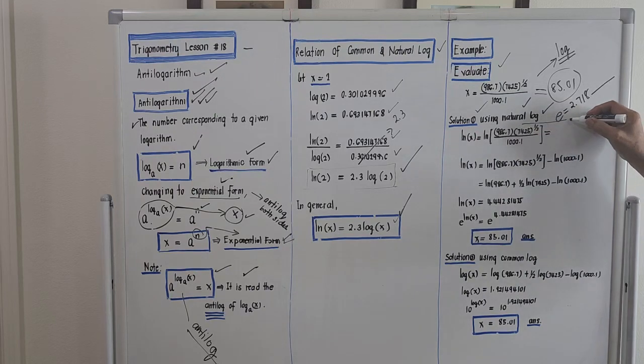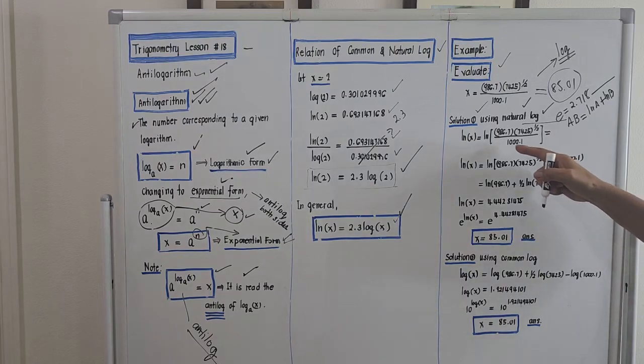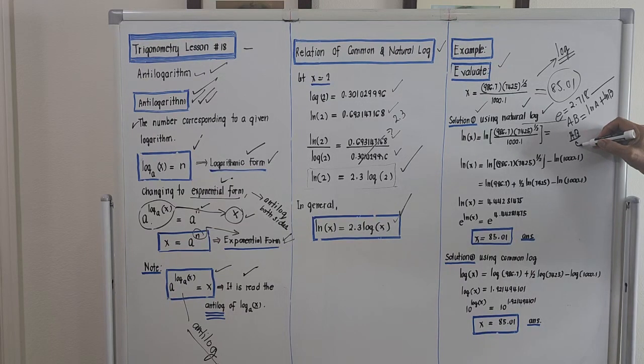the numerator falls under the product AB, and it falls under the natural logarithm of A plus natural logarithm of B, right? But there is a 1000.1 over here. So it seems we are having a ratio AB over C, right? For the simplification of the product AB, it will be this.